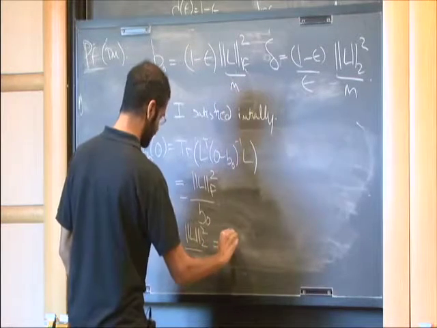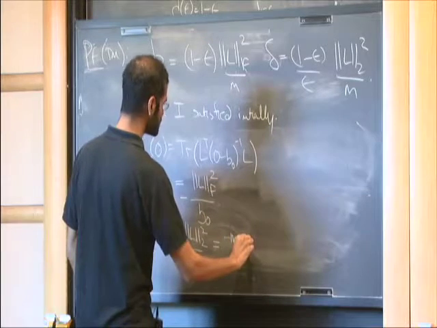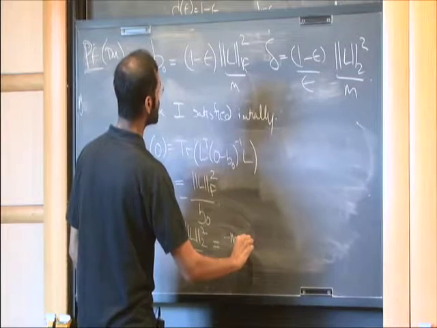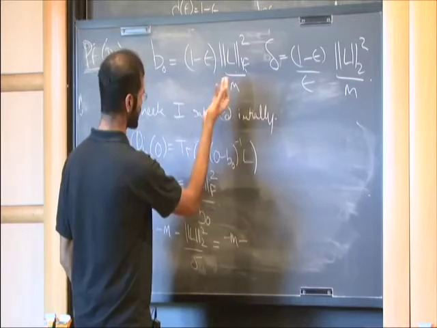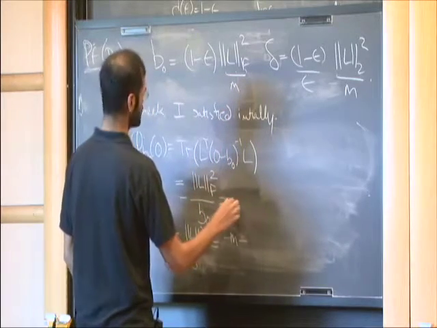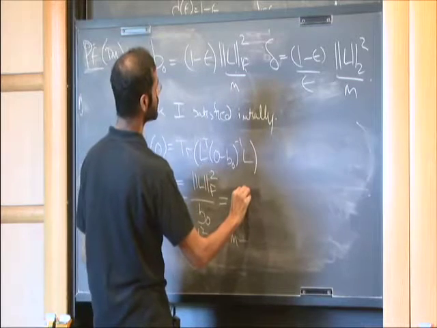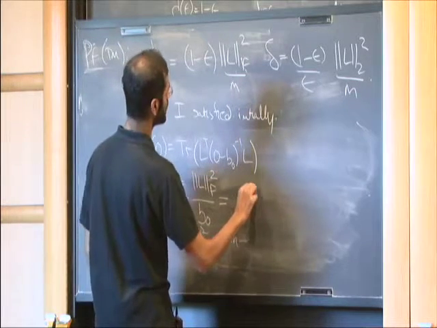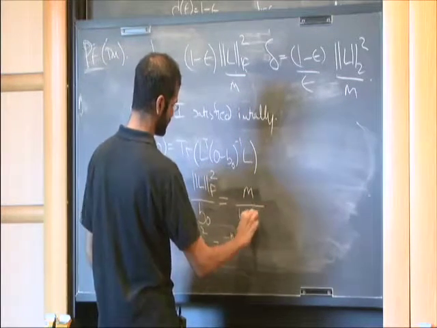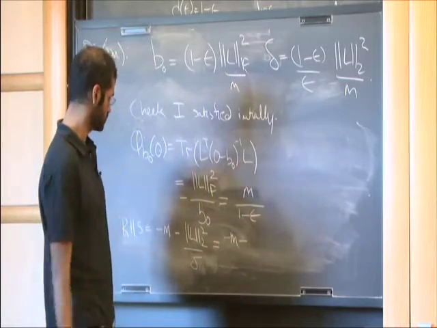So I get minus m minus, well, I might as well plug in what b naught is here already. So this thing divided by b naught is equal to m over 1 minus epsilon.